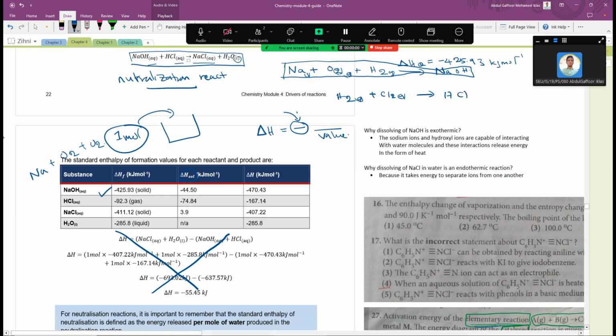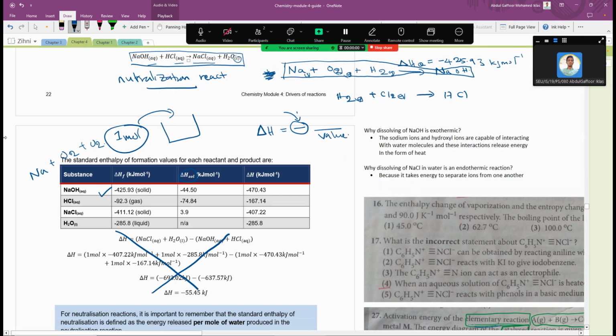Now if you look at the first reaction, after writing down each reaction, you have to check if the reaction is balanced or not. Can you try to balance the first one, the NaOH one?